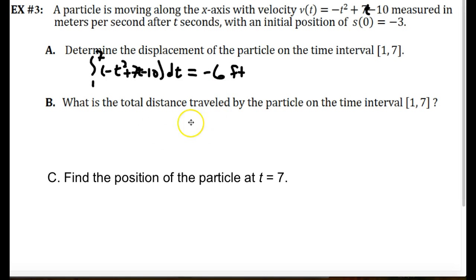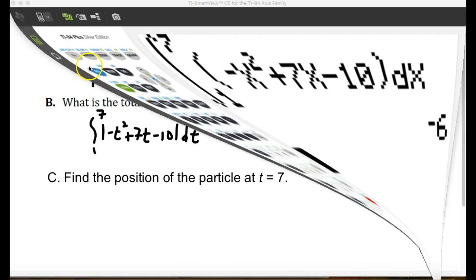All right? So total distance traveled then, right? Total distance is the integral of the absolute value of velocity. So absolute value of negative t squared plus 7t minus 10 dt. And again, we can use the calculator.